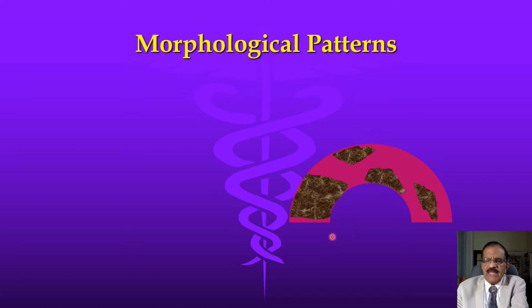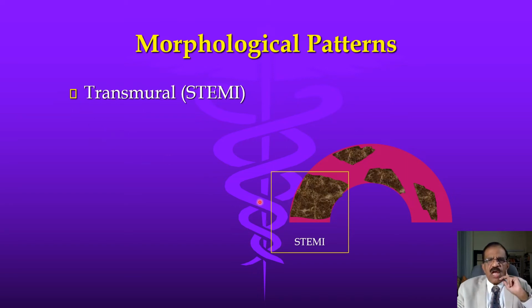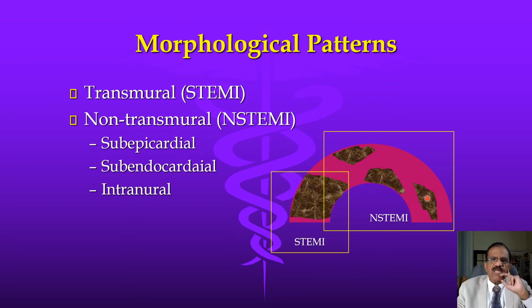So how do these patterns represent various ECGs? This is transmural, and this would surely result in STEMI, ST segment elevation myocardial infarction, if there is full thickness infarction. But all these three are non-full thickness, and they would result in NSTEMI.